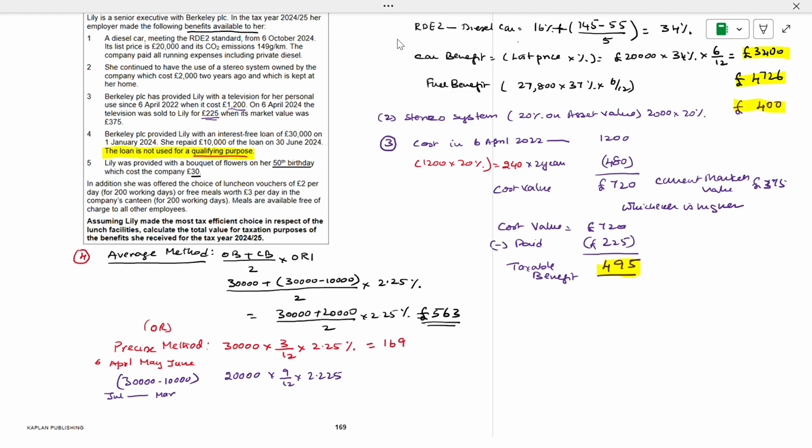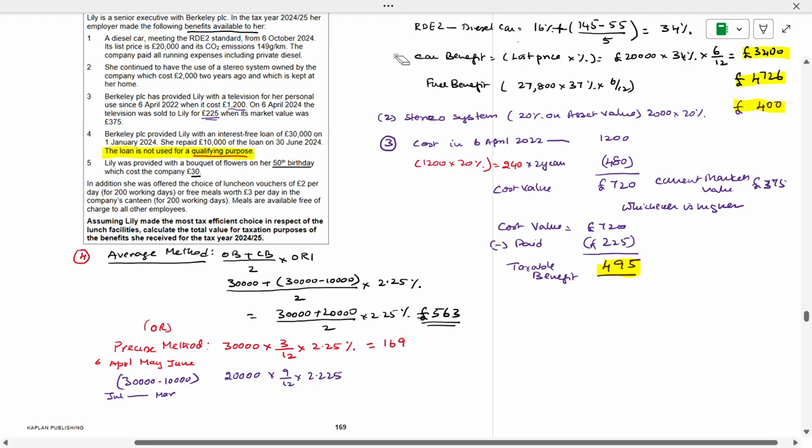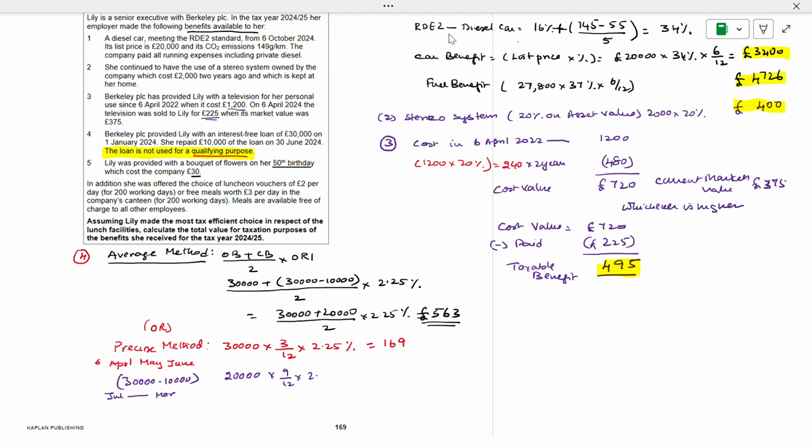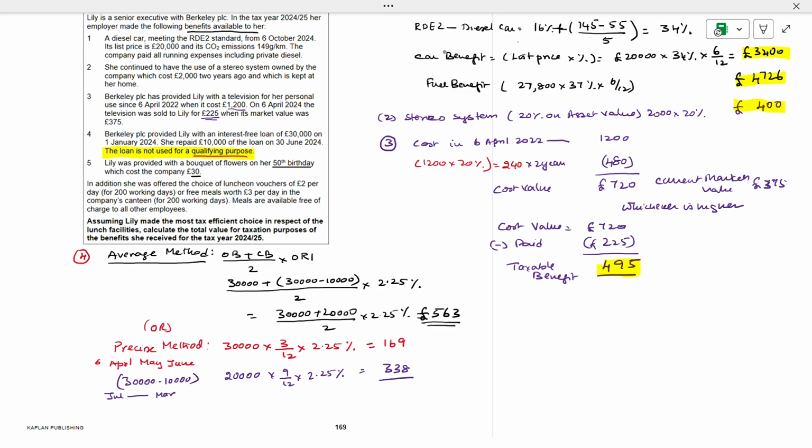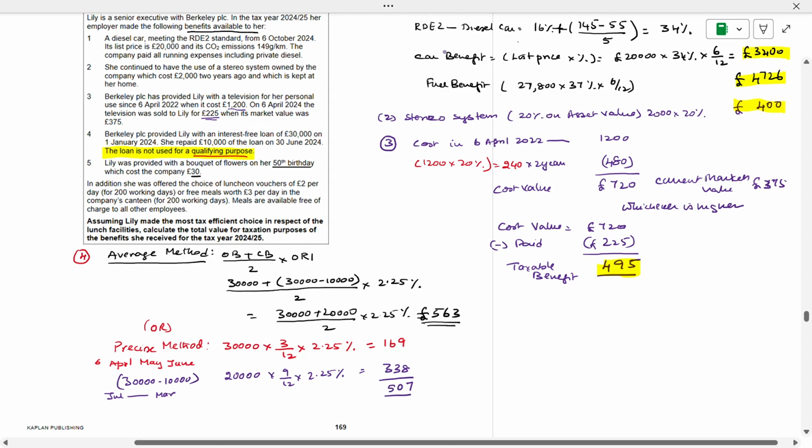How much will we get? The total is 77050. Whichever is less. How much is the less? 507. Are you clear about this?